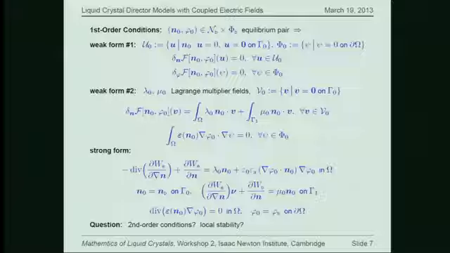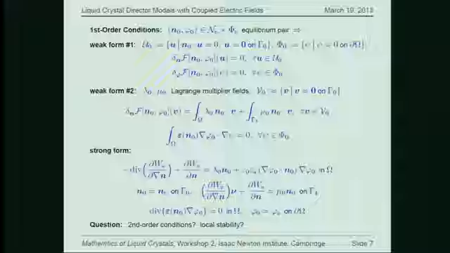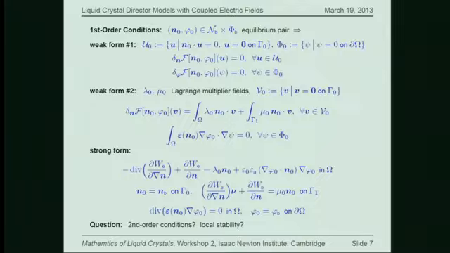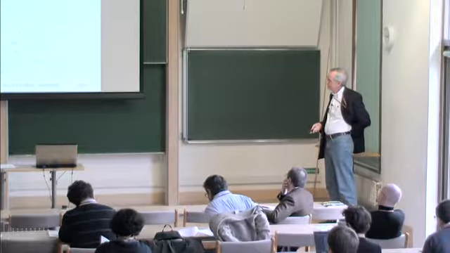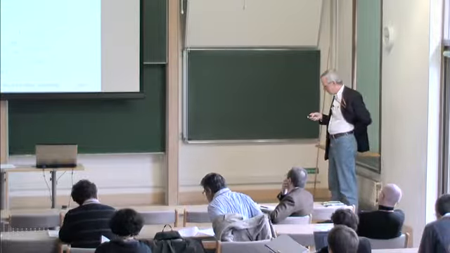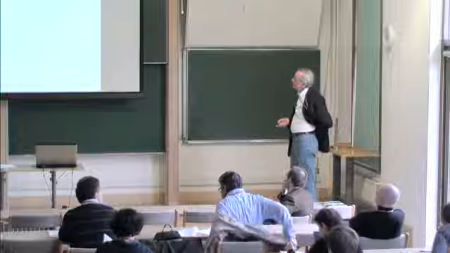So the question then is, if you keep everything in this coupled way and approach things in this way, how do you characterize the local stability of an equilibrium solution, since you have indefiniteness because of the Lagrange multipliers as well as the electric field?